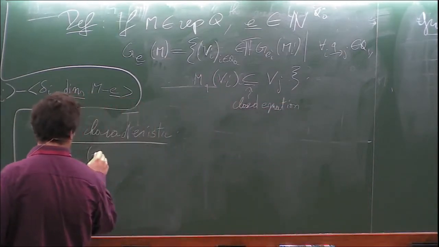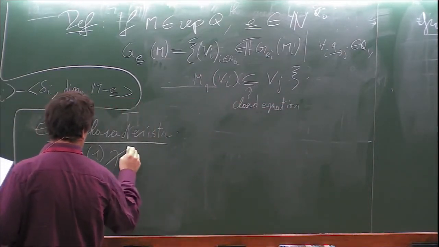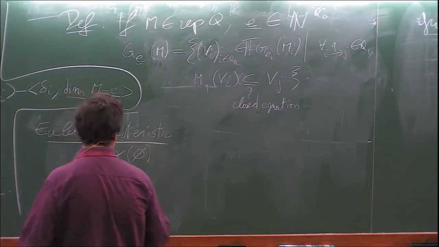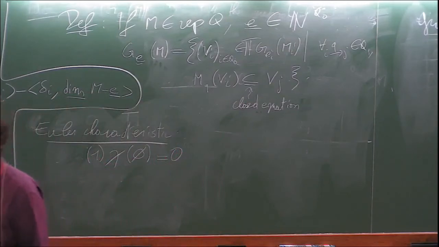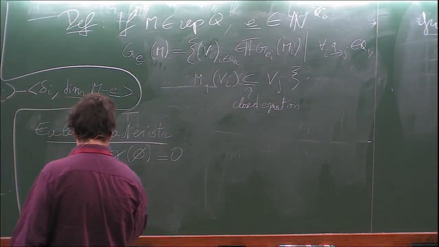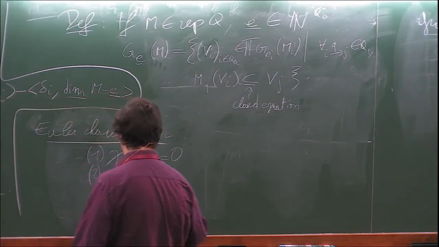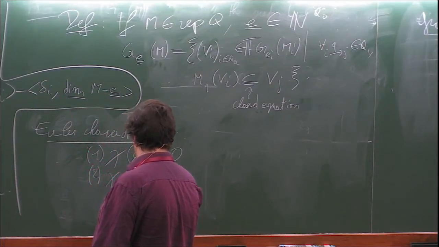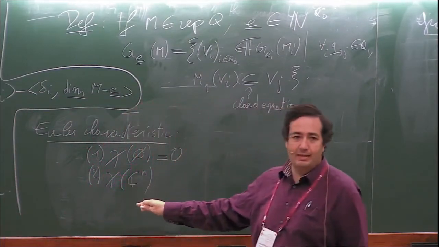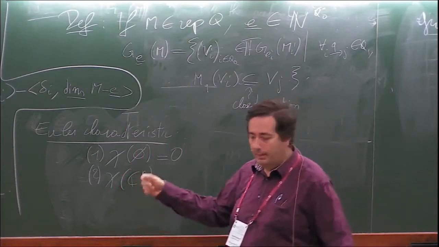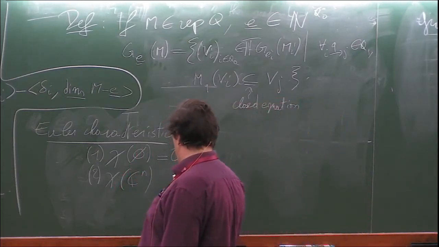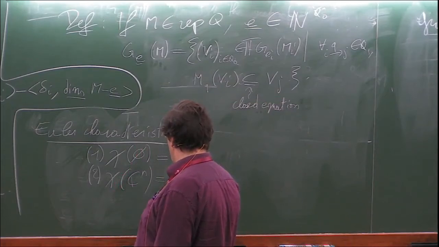So first property, the Euler characteristic of the empty variety is 0. So when you count something which is empty, that's why I call that counting, this is 0. Second point, if you count C to the n, I write it like that, it's what Mozgovoy wrote, A^n, I mean the affine space, affine variety. This is just 1.